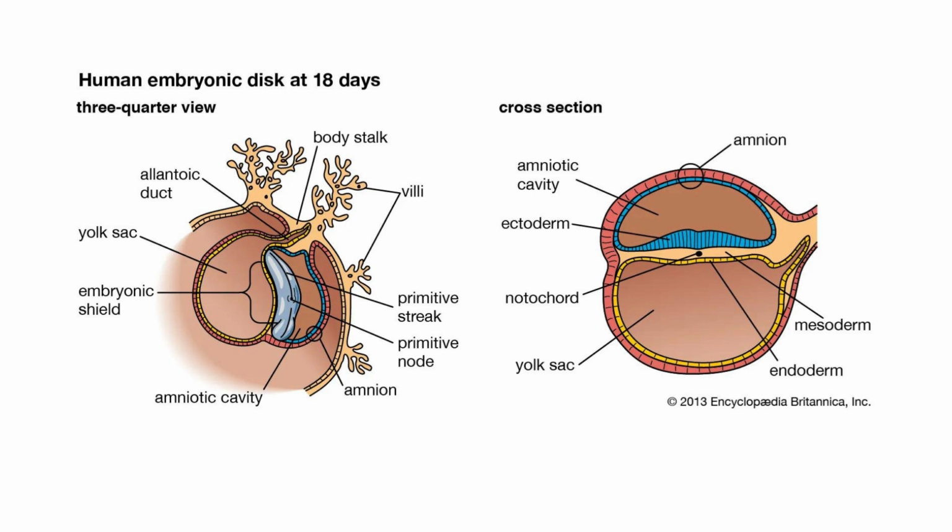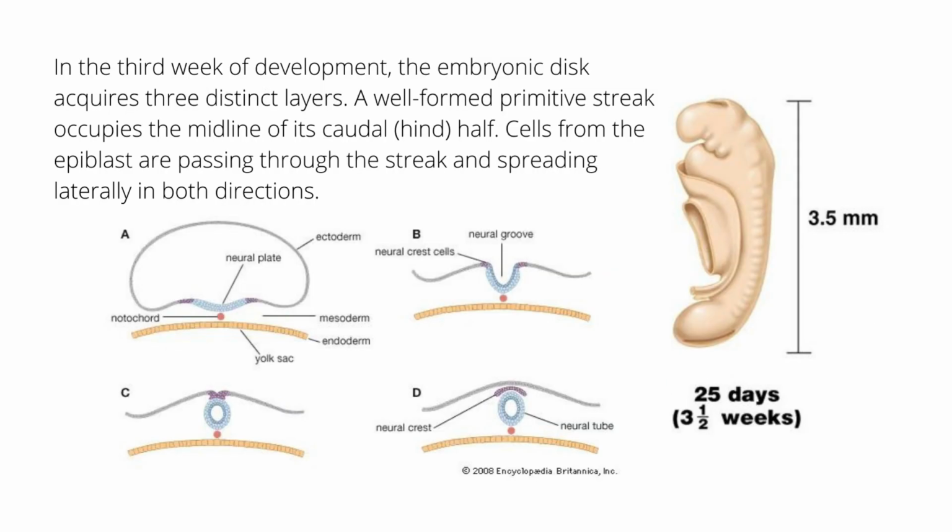A broad cellular bridge attaches to the complex of the chorion, and the most important event during the third week is the gastrulation process, which we have already mentioned. Early in the third week, the embryonic disc has enlarged and become pear-shaped in outline, and a well-formed primitive streak occupies the midline of the caudal half, which is narrower.